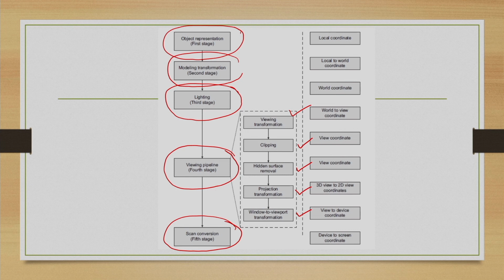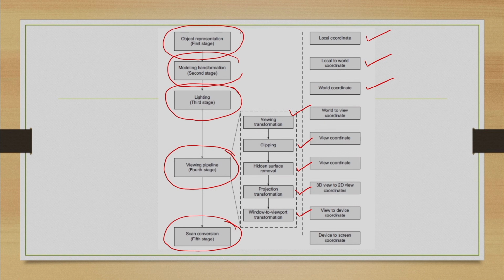And as we have mentioned earlier, each of these stages take place in specific coordinate systems. Object representation is done in local or object coordinate system. Modeling transformation, here we actually transfer from local to world coordinate system. Lighting takes place in world coordinate.